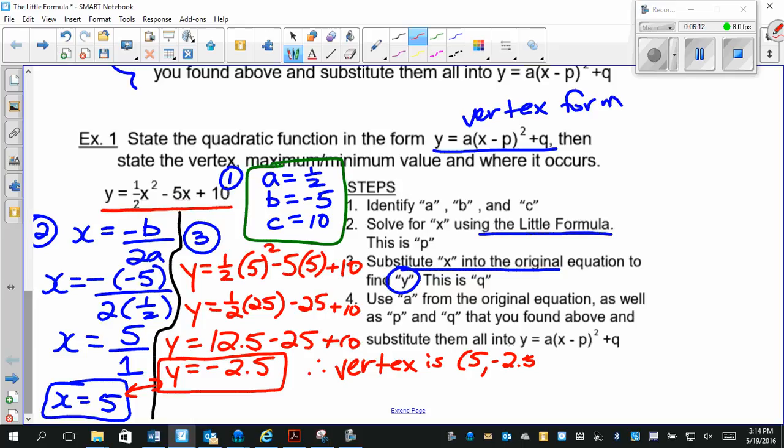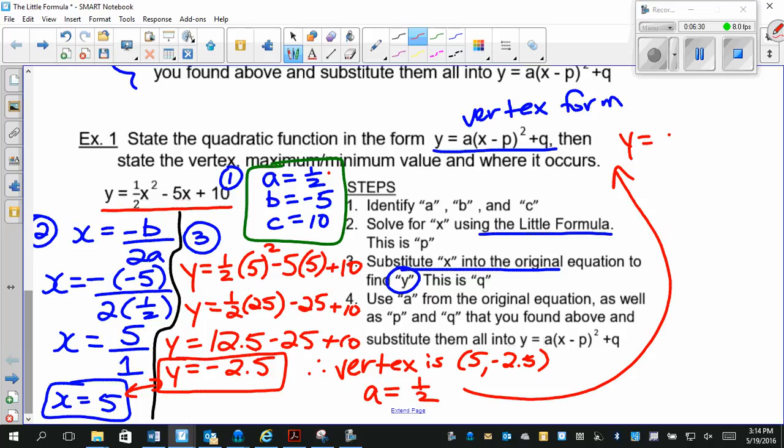And we also need to know a in order to write the equation in vertex form. And a up above here is 1 half. So if I'm going to write this equation in vertex form, so there's our formula for vertex form. So it's going to be y equals a is going to be 1 half.